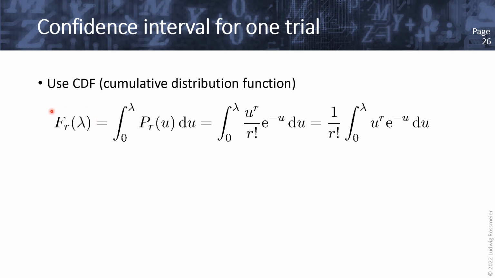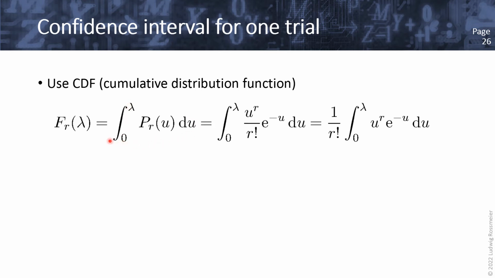I define this as F_r of lambda, and this is the integral of p_r of u, integrate over the variable u from 0 to lambda.